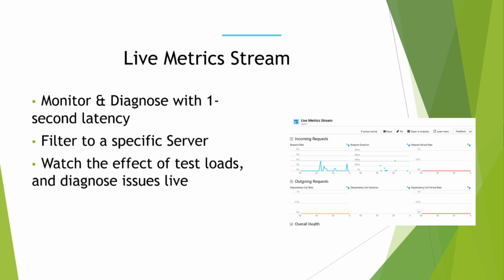If you're doing a big release, if you're doing some load testing, if you've just sent out a mass mailing or coupon to somebody and you're running an e-commerce site, seeing some of the data live can give you a lot of value. And it shows you how many servers are online, so it can see all the servers as a cohesive report, but you can drill down to a single server if you're seeing something anomalous.